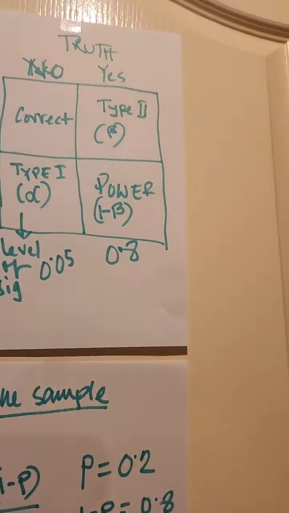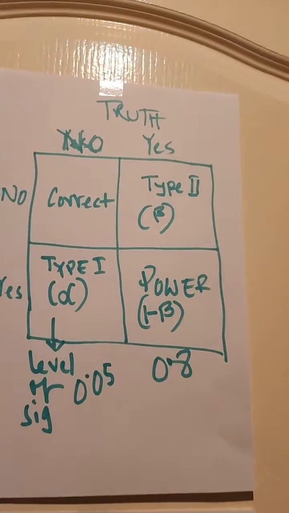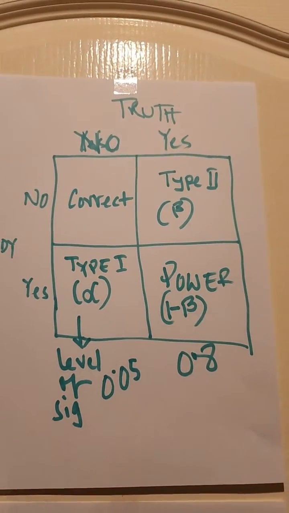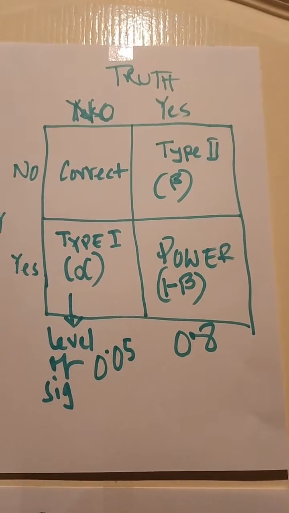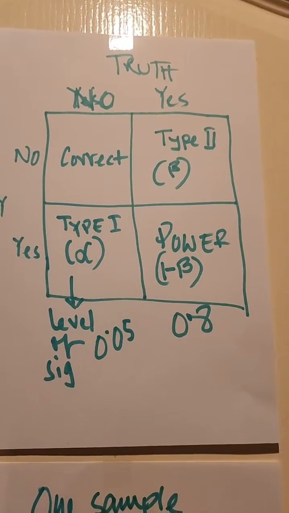So that's why this is called type 1 error or alpha, and we try to keep the probability of this type 1 error very low. We say that okay, up to 5% is okay, but we will not go over that.